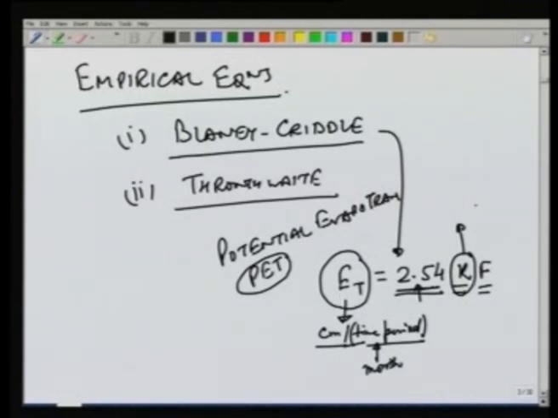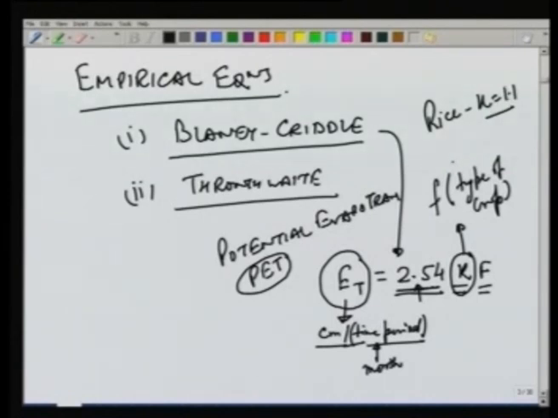Now, K is a factor which is a function of the type of crop. For example, for rice, K may be around 1.1, and if you have wheat, it would be typically about 0.65.